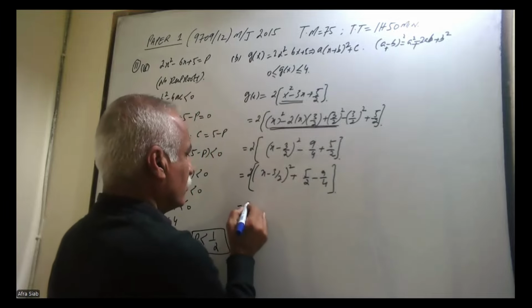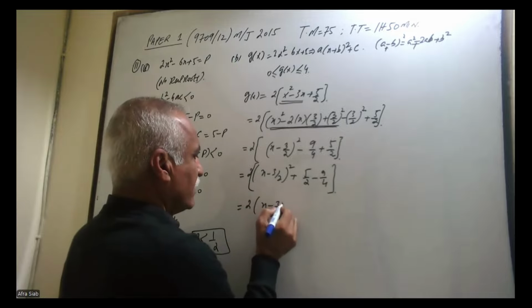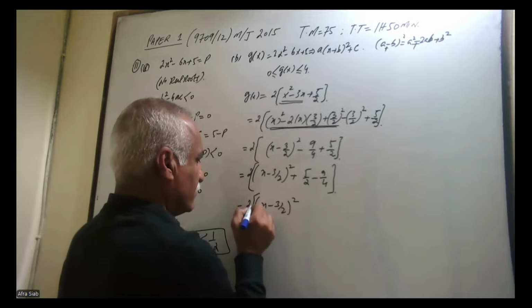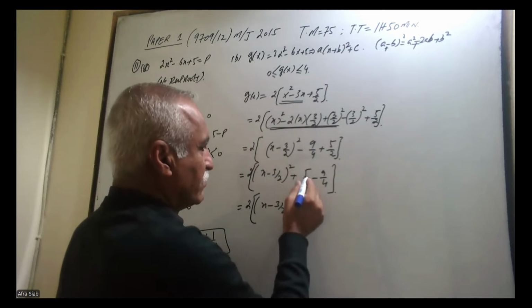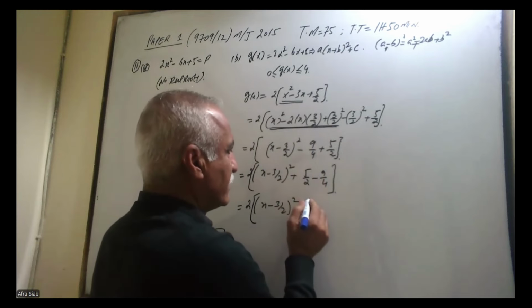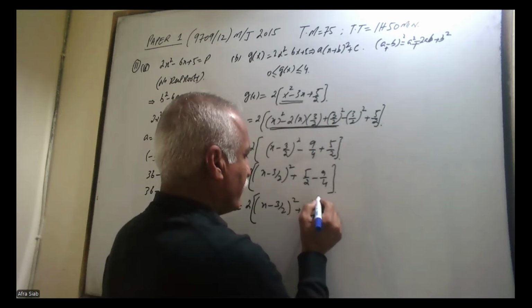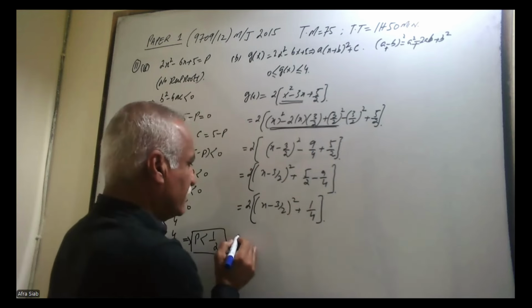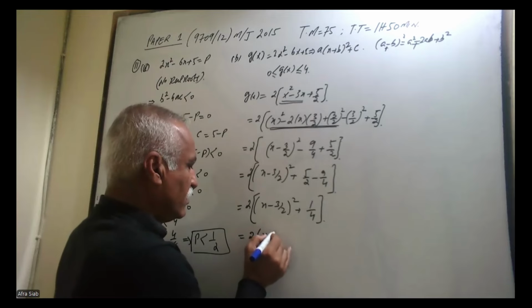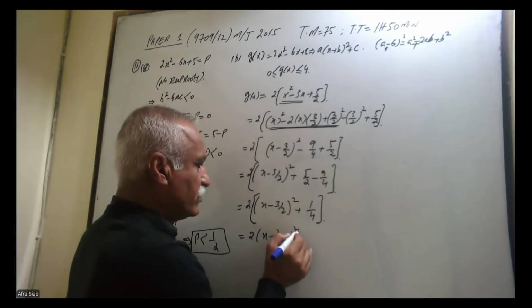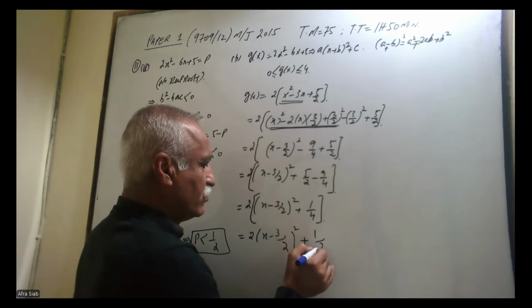So that thing is equal to 2 into x minus 3 over 2 whole square plus, if 4 is the LCM, 5 to the 10 minus 9, 1 over 4. So that thing is equal to 2 into x minus 3 over 2 whole square plus 1 over 2.